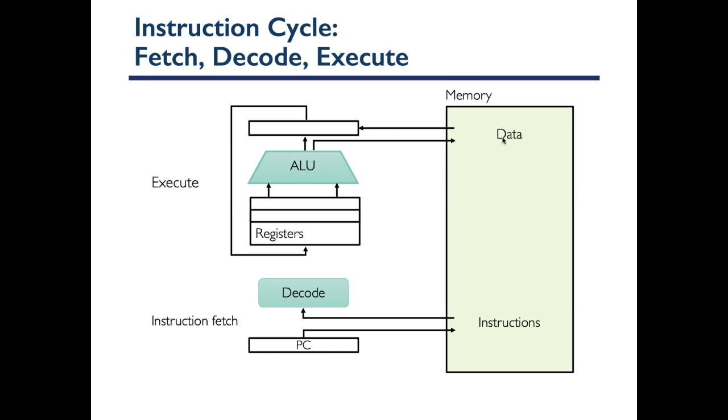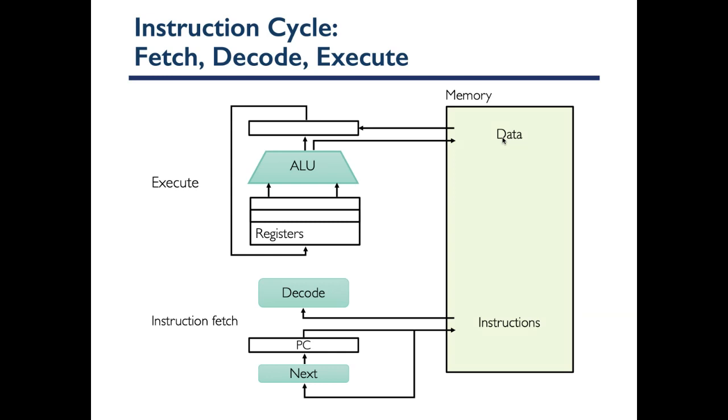Now, if you look at this graph, for every instruction that we execute, we access memory at least once to get the instruction. So we have to deal with memory a lot. That's the bottom line. And sometimes more than once. If it is a load or a store, we might access memory multiple times.